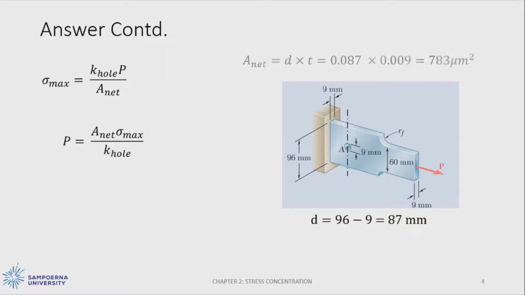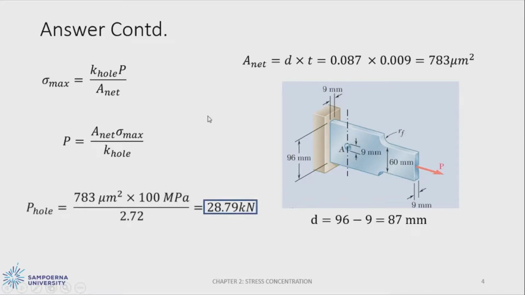The A net is obtained by multiplying the smaller d times t, and the smaller d is this area, where 69 minus the diameter of the hole. So we get 87 millimeter as the smaller d, and it is multiplied by the thickness, 9 millimeter.